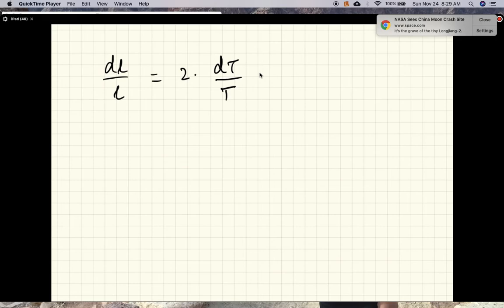Here's the fractional change you have to make: 2 times 5 seconds, and in one day you have 24 hours, and each hour has 3,600 seconds. So that's the kind of change you would have to make.